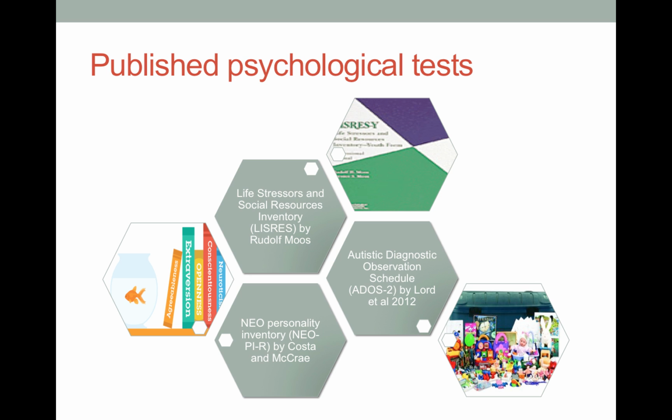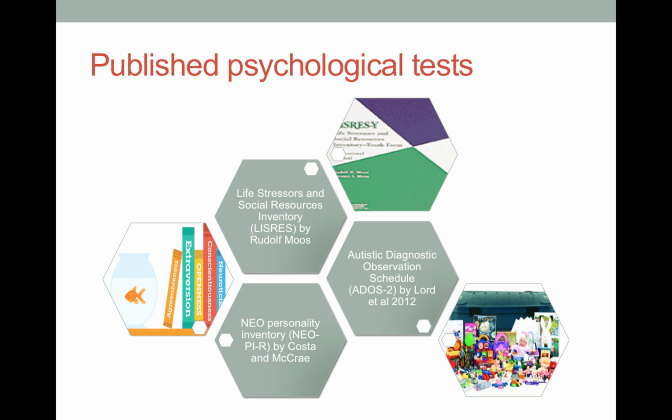The Life Stresses and Social Resources Inventory provides a unified framework to measure ongoing life stresses and social resources and their changes over time. It can be used to describe a person's life context, to monitor stability and changes, and to compare individuals and groups, and to examine how life events affect an individual's situation and functioning.